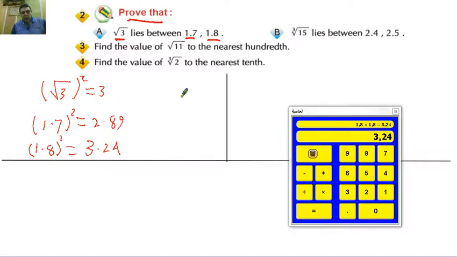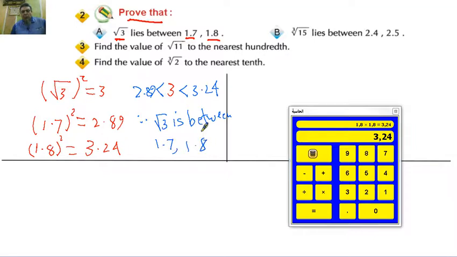We see that 3 is greater than 2.89 and less than 3.24. So square root 3 is between 1.7 and 1.8.